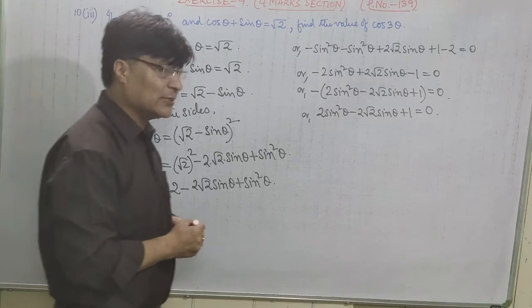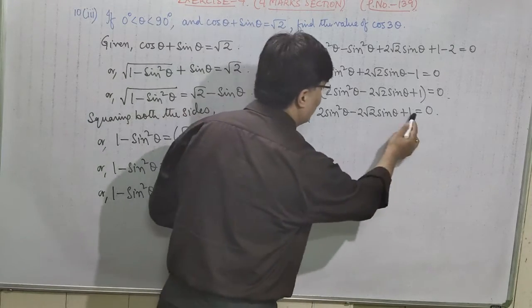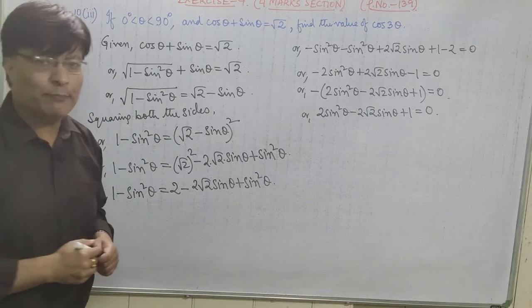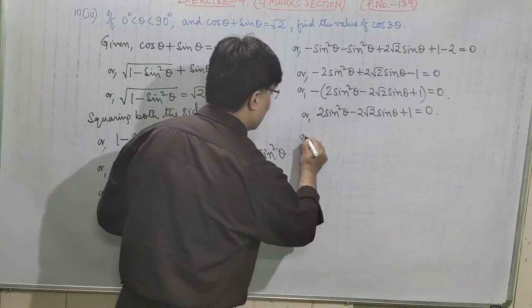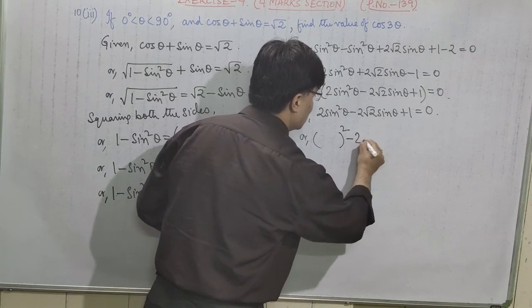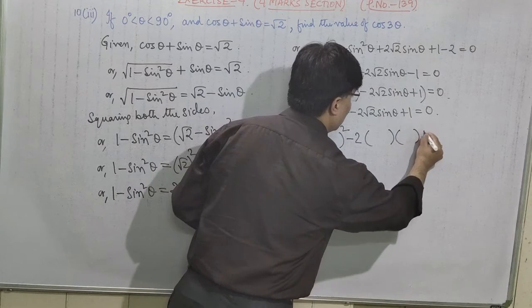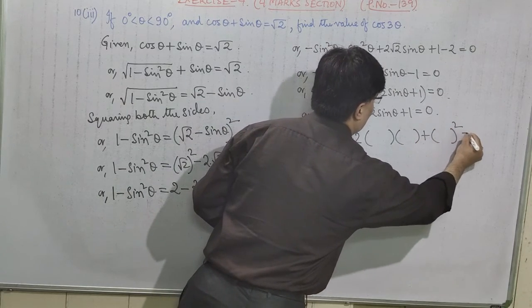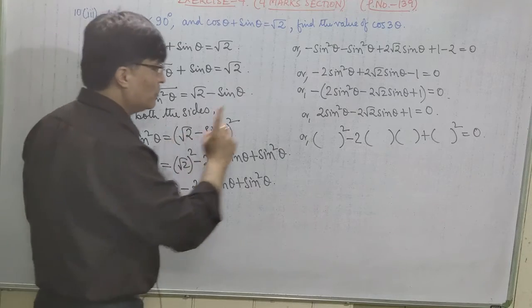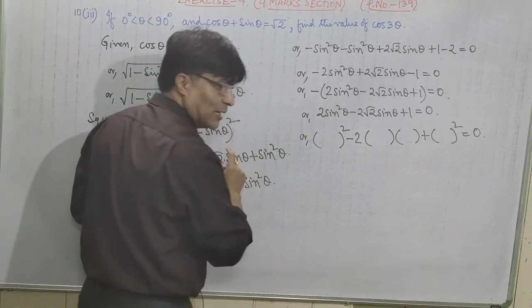So now in this case, this can be written in the form of a perfect square, a square minus 2ab plus b whole square. So let us write down only the brackets: a square minus twice ab plus b whole square, which is equal to 0. Now this is 2 sin square theta.